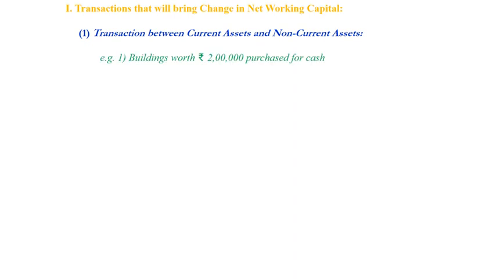I am taking an example: buildings worth rupees 2 lakhs purchased for cash. So here analyze: buildings are a non-current asset, cash is a current asset. So this transaction is between one current asset, that is cash, and one non-current asset, that is buildings. 2 lakh rupees is the value of the transaction.